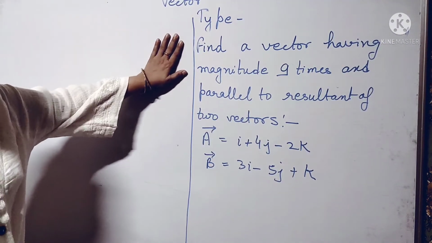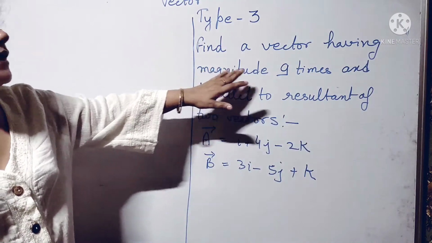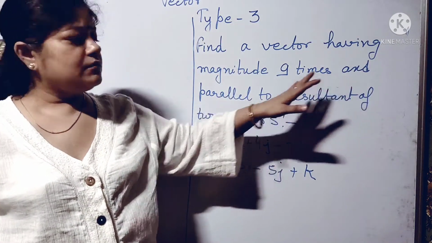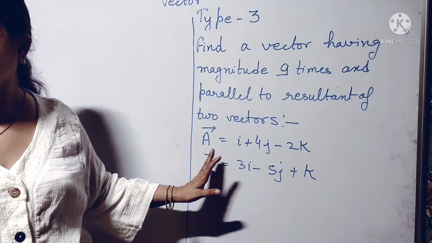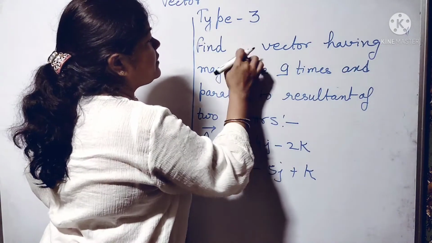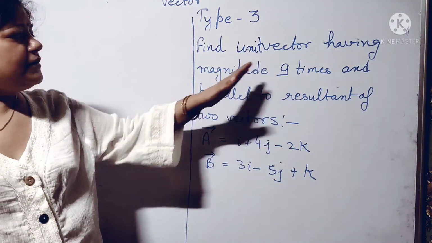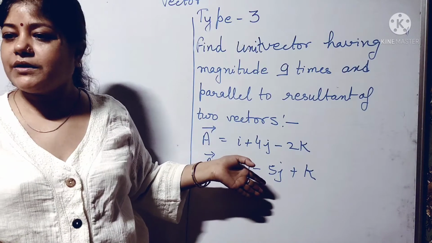Now next pattern, type 3. Find a vector having magnitude 9 times and parallel to the resultant of these two vectors. Okay, we have to find a unit vector that has magnitude 9 times, parallel to the resultant of these two vectors.